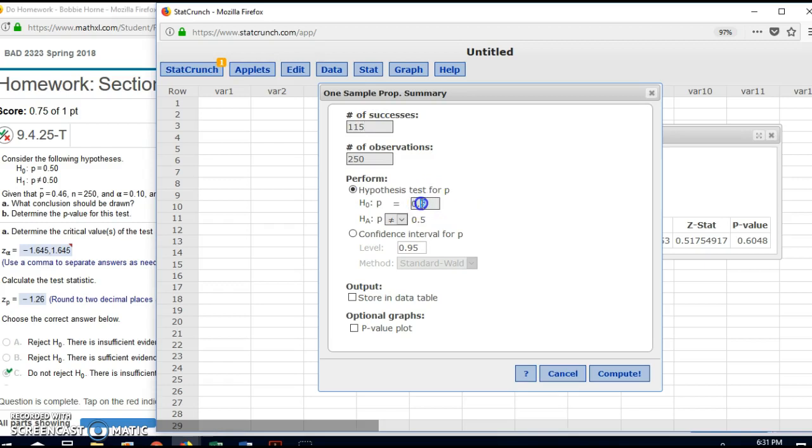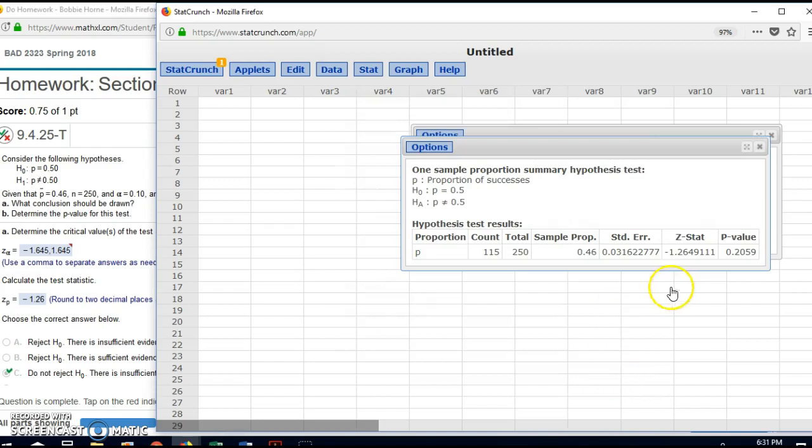Your hypothesis is 50-50, and your confidence level is 0.90. Hit compute, and you can see that your z-test statistic is negative 1.26.